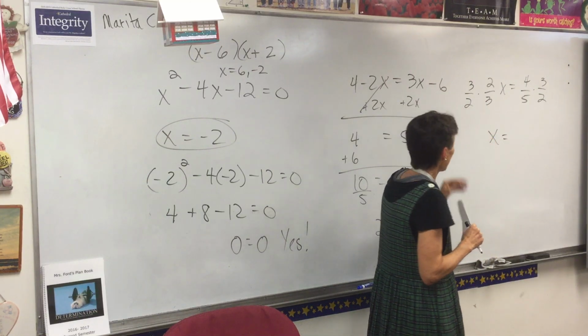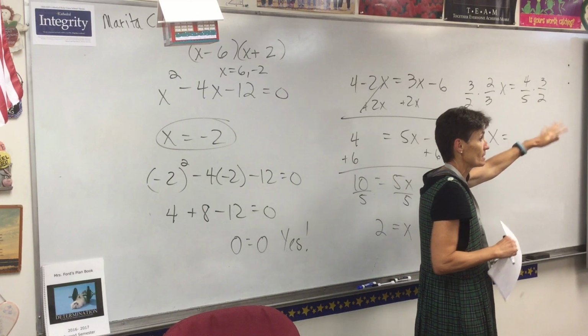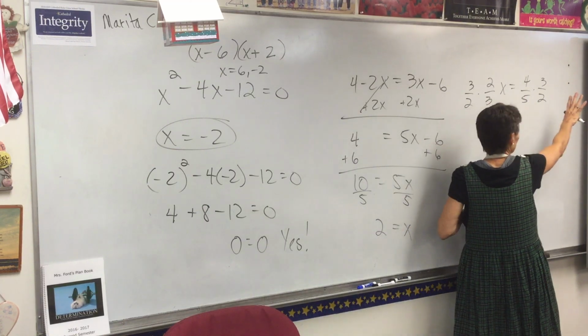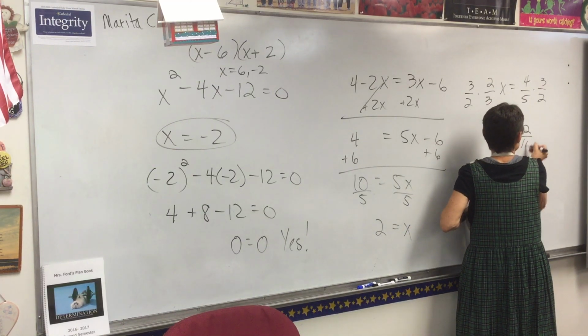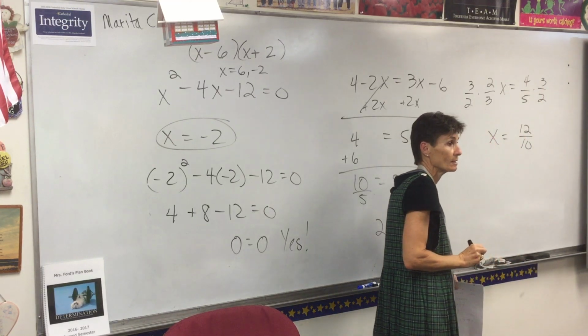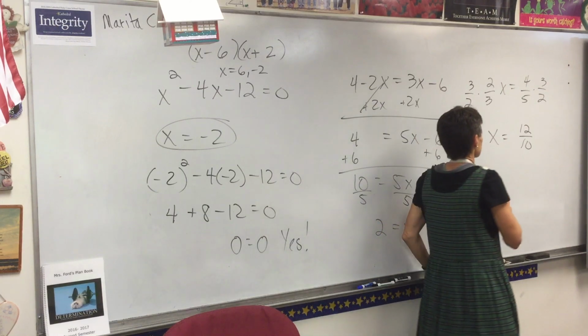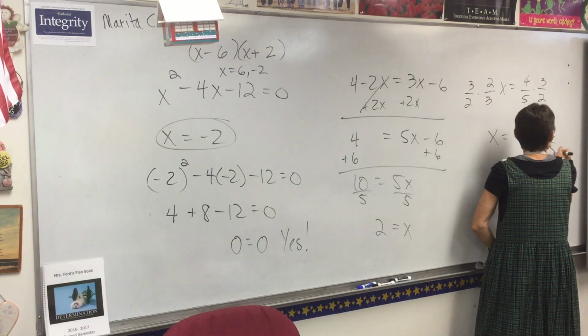Now, how do we multiply fractions? Straight across. So if you just go straight across, that's going to be 12 over 10. But 12 over 10 does reduce. So that would be 6/5.